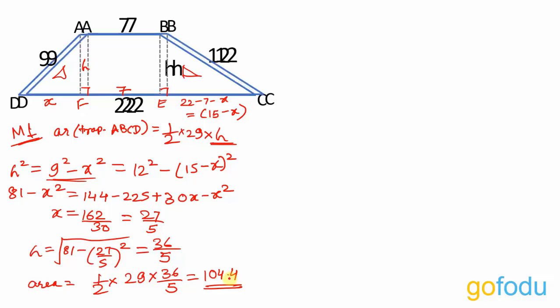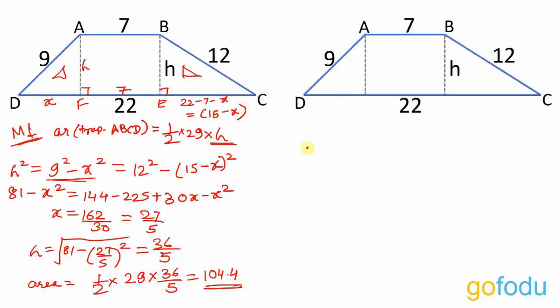In the second method, which I like more, we have this figure and this whole length from D to C is 22 units and from E to F is 7 units. That means DF plus EC will be 22 minus 7, that is 15 units, right?